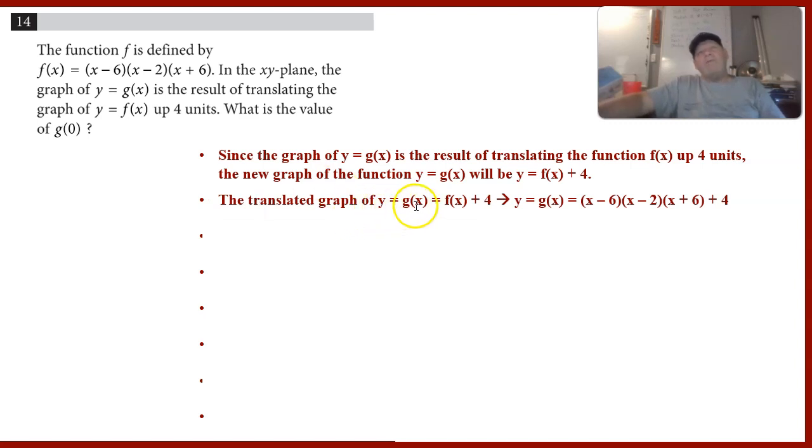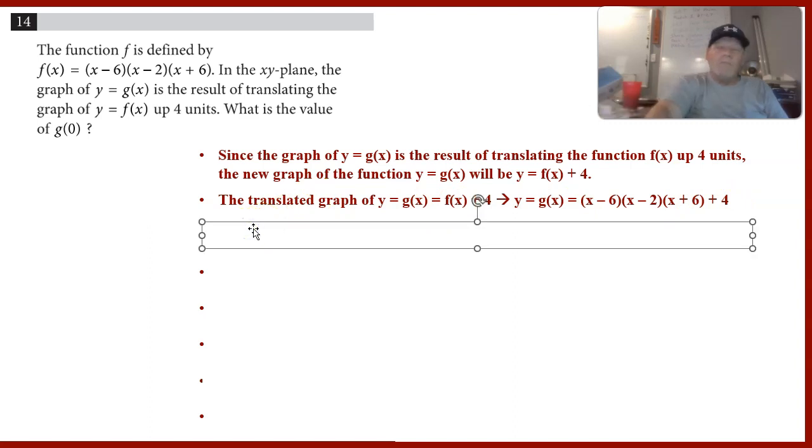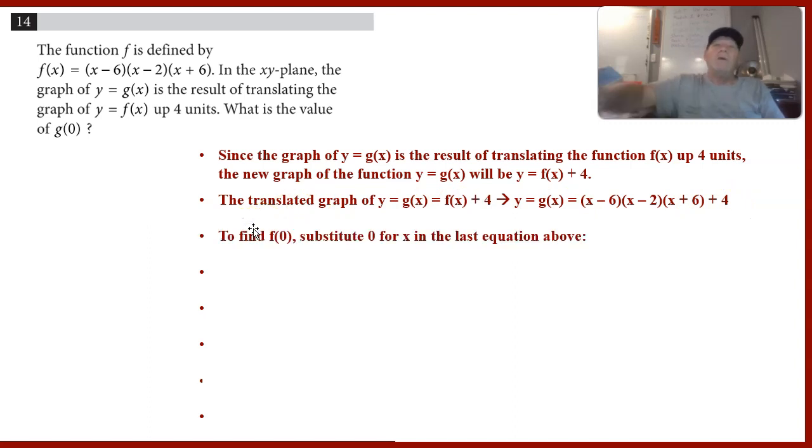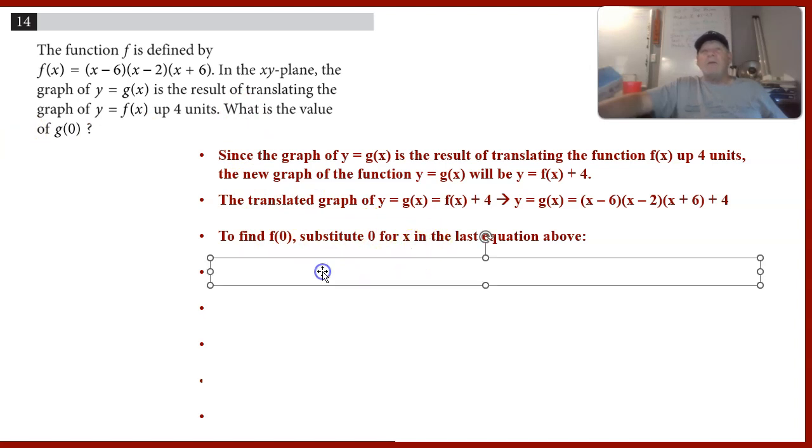So y equals g of x equals f of x plus 4. So g of x is equal to x minus 6 times x minus 2 times x plus 6, which is my original f of x, plus 4. Now the question asks for g of 0, so I substitute a 0 for the x in that last equation I've written above for g of x.